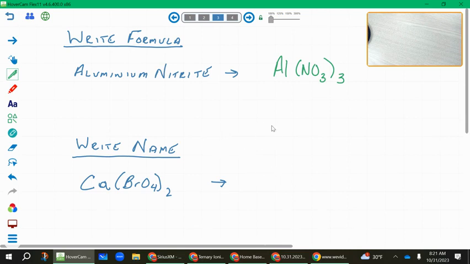That says nitrite. What is nitrite? Well, that's like nitrate. That is the formula for aluminum nitrate. Now, what's the formula for aluminum nitrite? NO2. Thank you. It was a trick question.